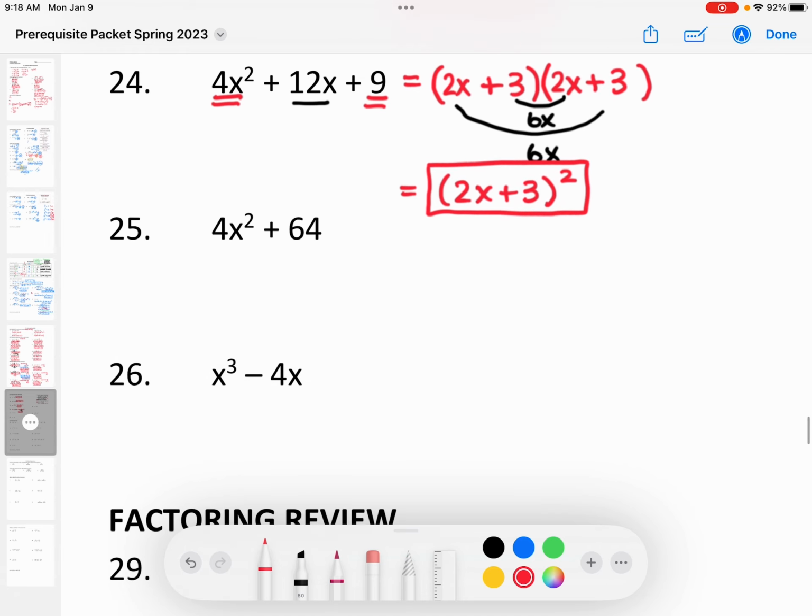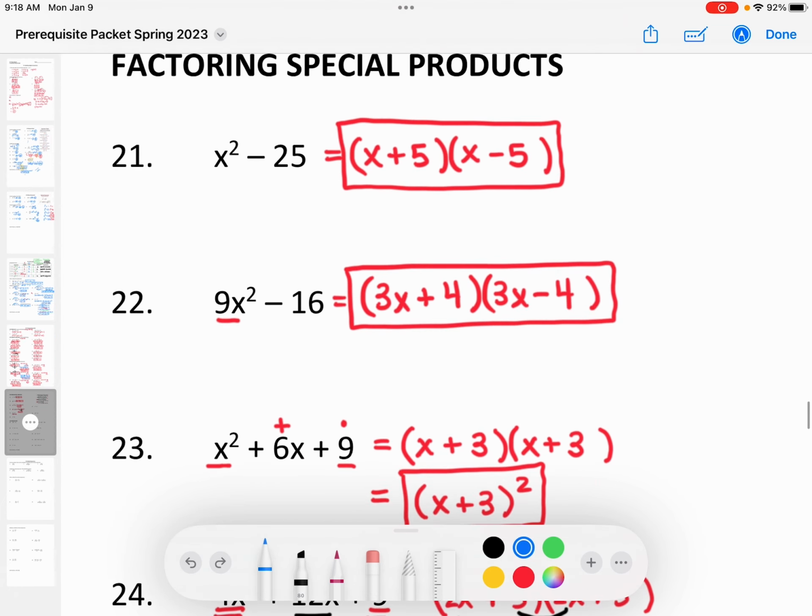Number 25, I haven't done a good job of saying that. Remember that the first step every time you factor is to factor something out if you can. And on this one, you can factor out a 4. And then those are both perfect squares, the x squared and the 16. However, because there's a plus in the middle, we are not going to be able to use that method of difference of squares.